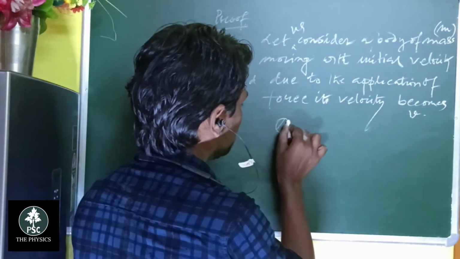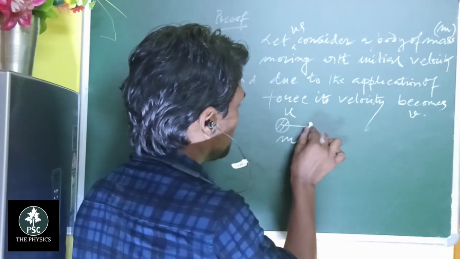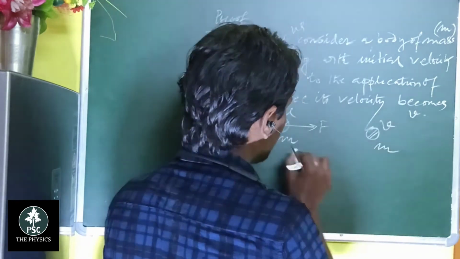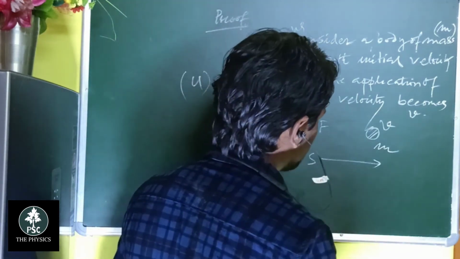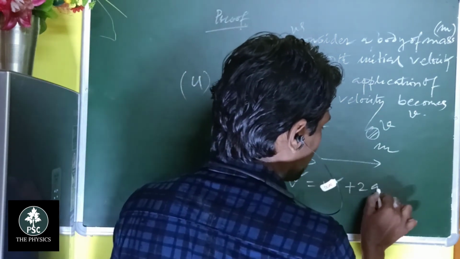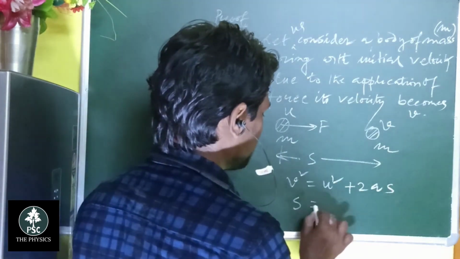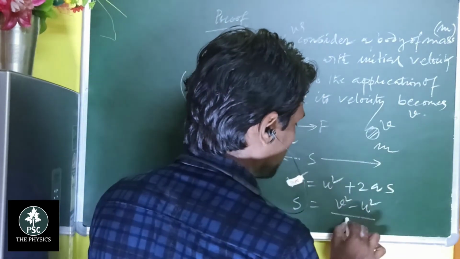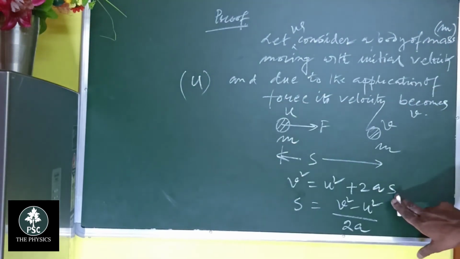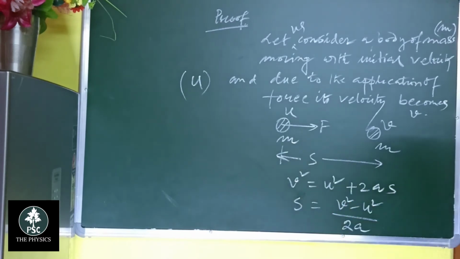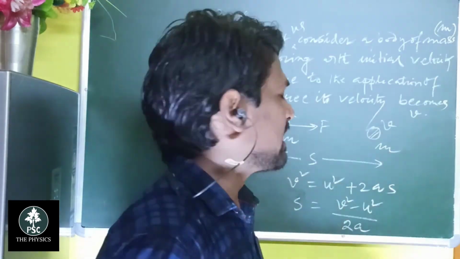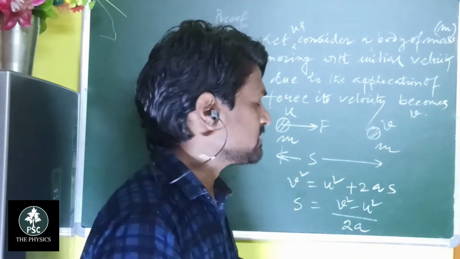The initial velocity of the body of mass m is u, and due to the application of some forces its velocity becomes v, and the mass remains m, and it traverses some distance s. So v square equals u square plus 2as, since it is accelerating motion, and s equals v square minus u square by 2a. This is the distance covered due to the change in kinetic energy, since this is an accelerated motion.